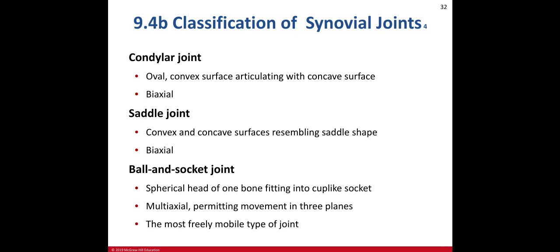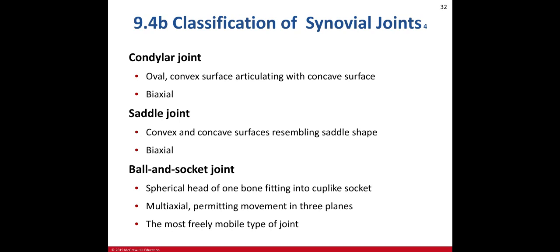You can have a condylar joint. That's this oval convex surface articulated with a concave surface, and that can go on two axes. So it's a biaxial joint. A really good example is your knuckles. You can have a saddle joint that has a saddle shape to it. It's also biaxial.